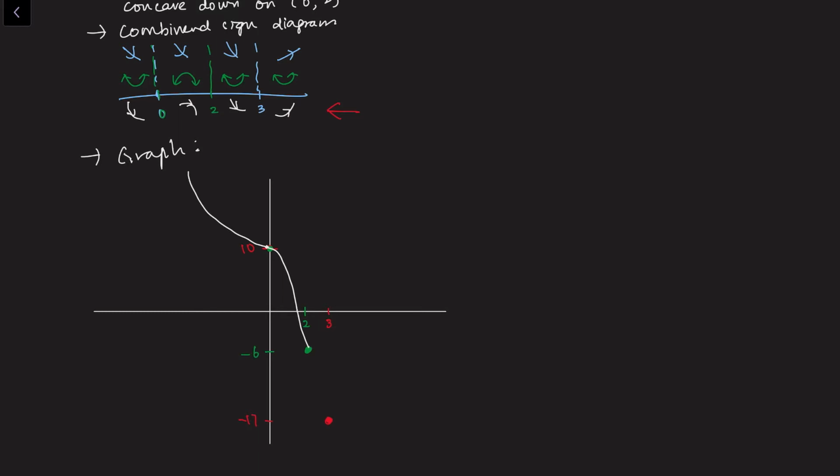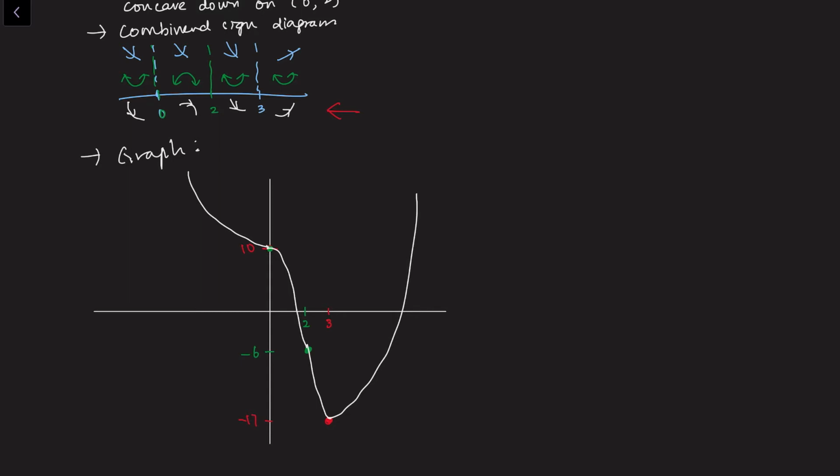Then after that, it is still decreasing, but concave up. Okay, from here to here is concave down, yeah? Concave down, then concave up. Then after that is also concave up, but increasing. Okay, so it should be like this. But of course, my drawing is not so precise, and also not to scale.